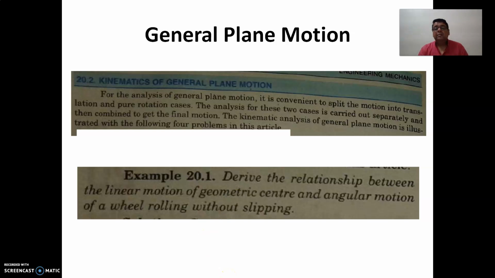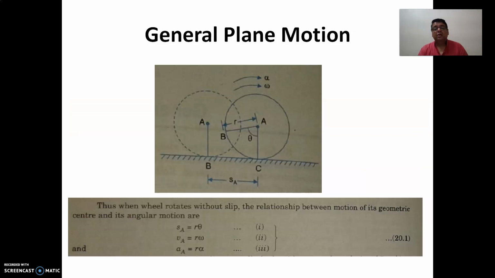It is very easy, and we can just draw one very simple figure. That's how it is. So it is a wheel and it is rolling, right? While rolling further, it has come to this shape, and in this time AB has come to this side, right?